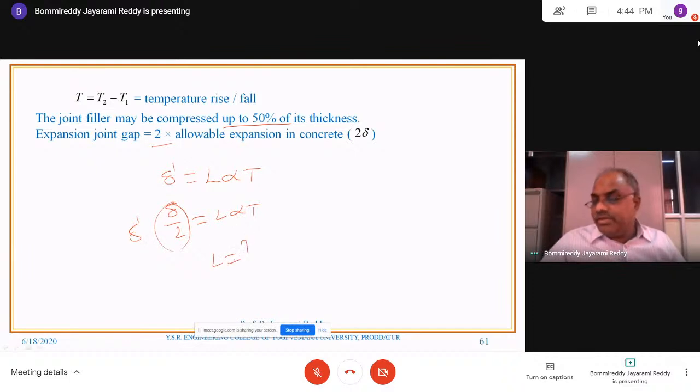What is L? L is the length of the panel, and that is called the spacing between the expansion joints. When all this information is known, you can find out the actual L value.